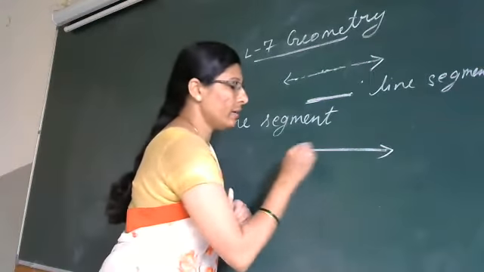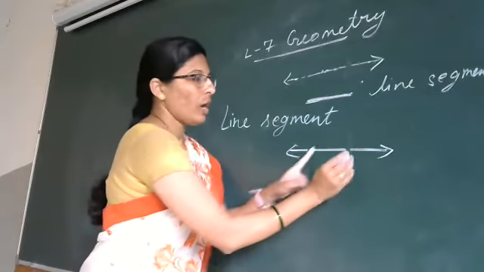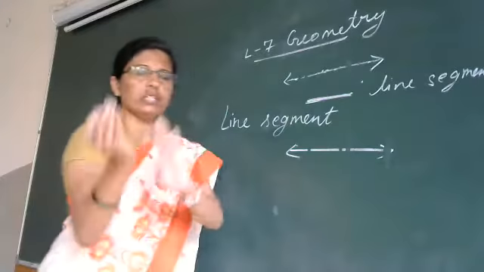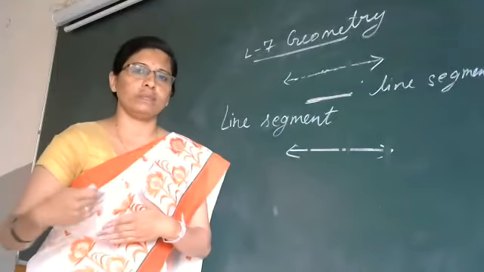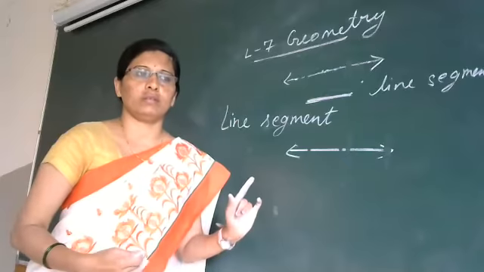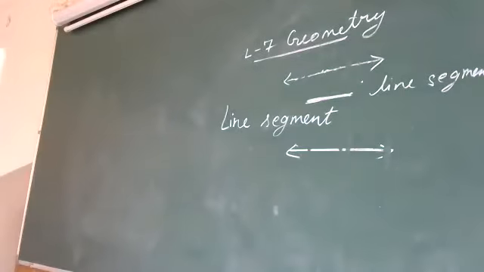If a line is there and you remove this much part from it, some part is taken out. That part is known as a line segment.